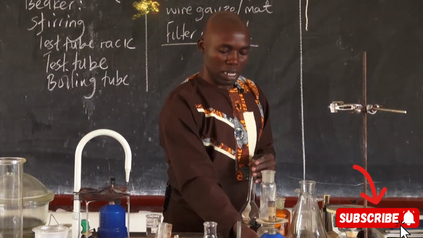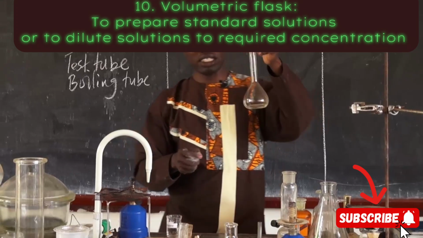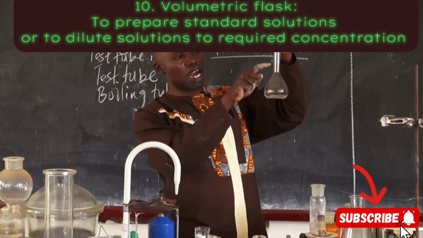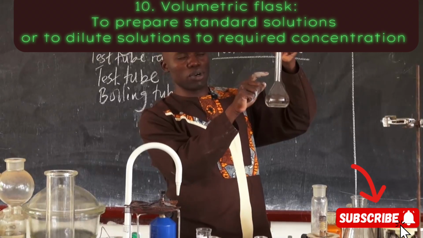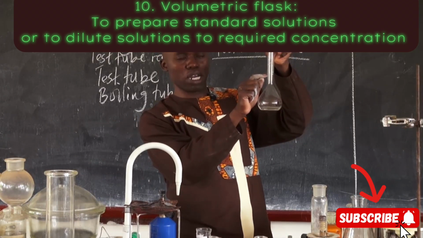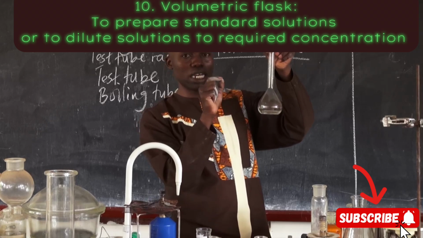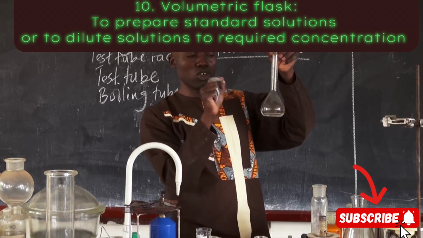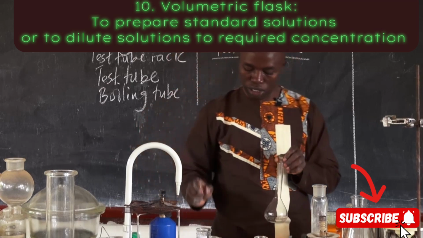Now with me here, I also have what we call a volumetric flask. We realize that a volumetric flask has a mark, a label, or a calibration where we normally have to pour the liquid up to. It's normally used to prepare what we call standard solutions, and also for diluting chemical substances to required concentrations.